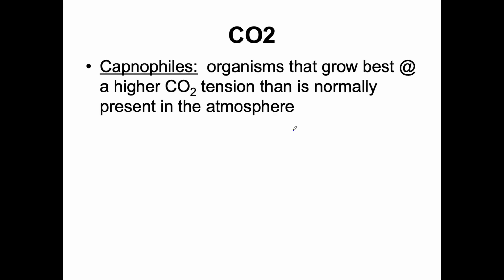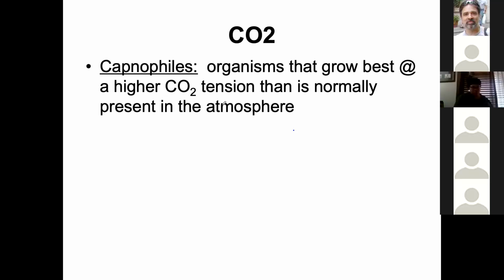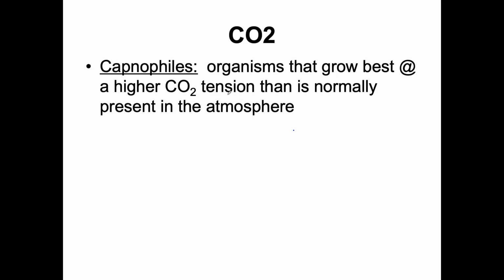And the topic is carbon dioxide. CO2 to us is a waste gas. But to a capnophile, they like CO2. They like CO2 in the atmosphere because they use it to make the things that they ultimately use to generate energy.